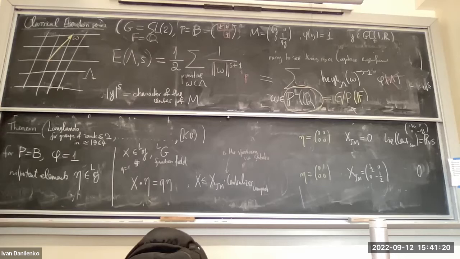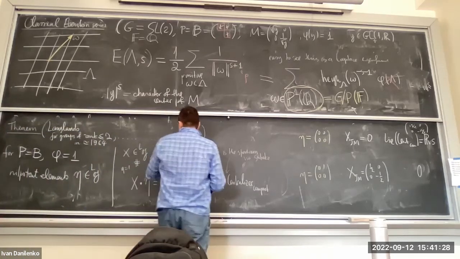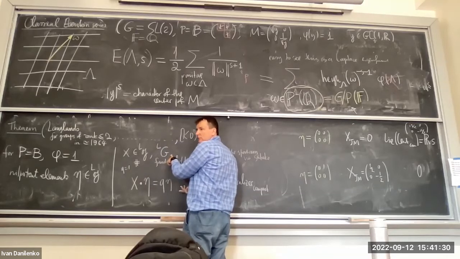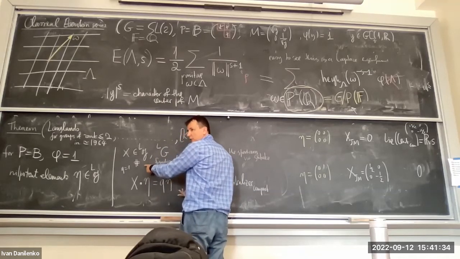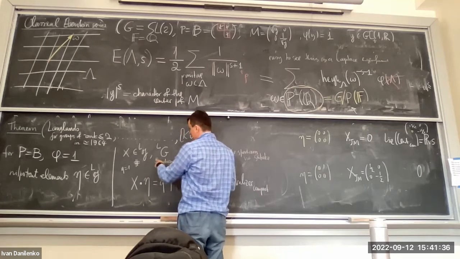In the function field case, by the Satake isomorphism, they lie either in the compact plus the group or the compact plus the function.